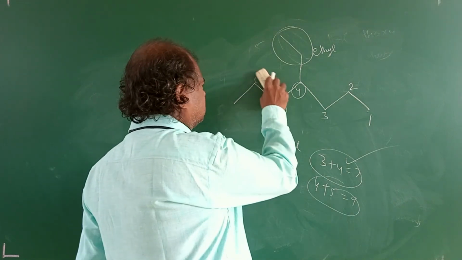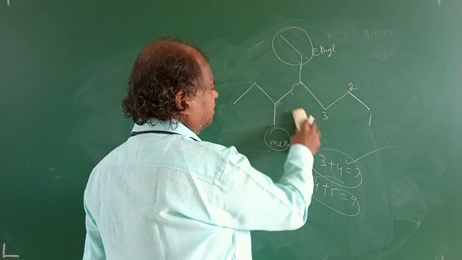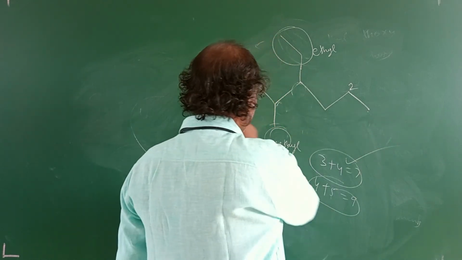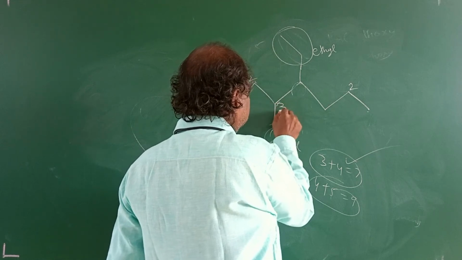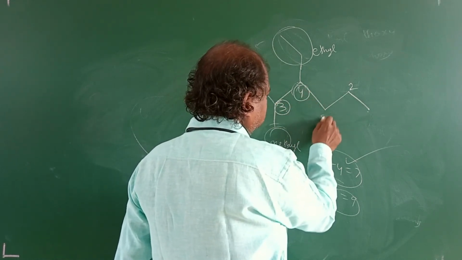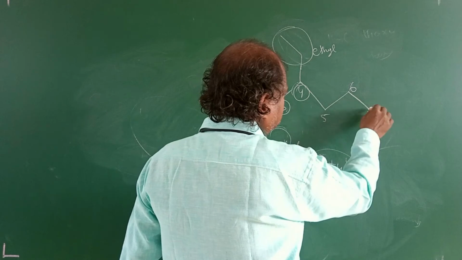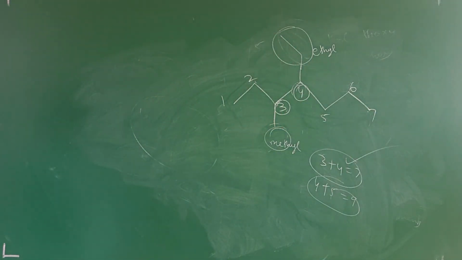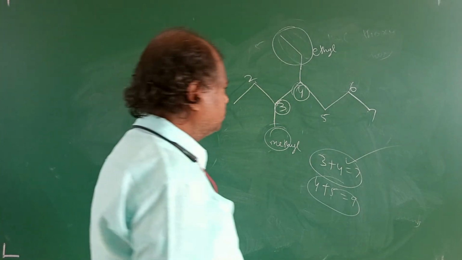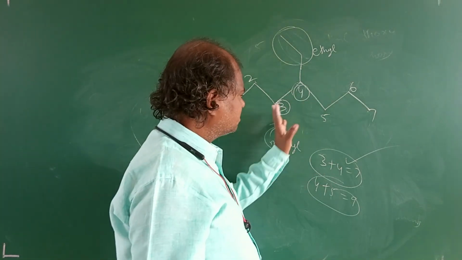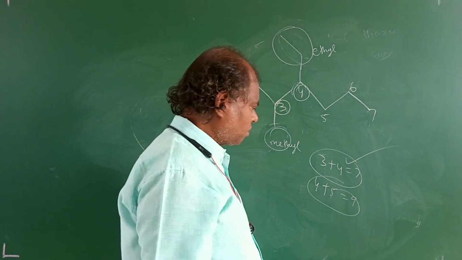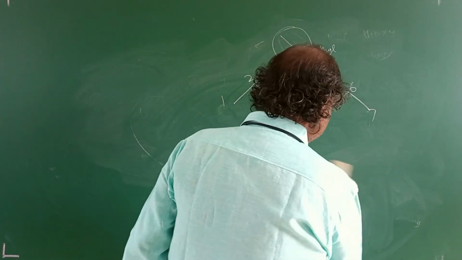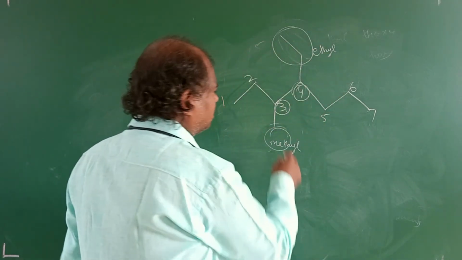So you have to give the earlier one, 3 plus 4. Is that clear? So 3 plus 4, 7, this is correct, because here you are getting a big number, 4 plus 5.